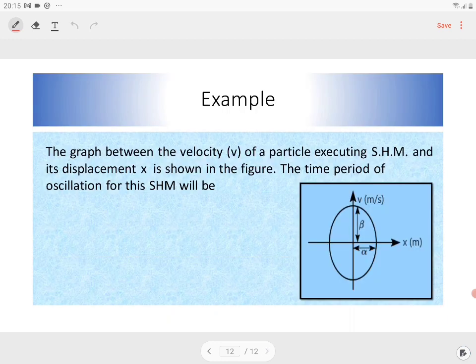Then we'll do a simple example. Already I told you that sometimes I'll take up some examples here and there to explain a formula or concept in a better way. The graph between velocity v of a particle executing SHM and its displacement x is shown in the figure. The time period of oscillation for this SHM will be?